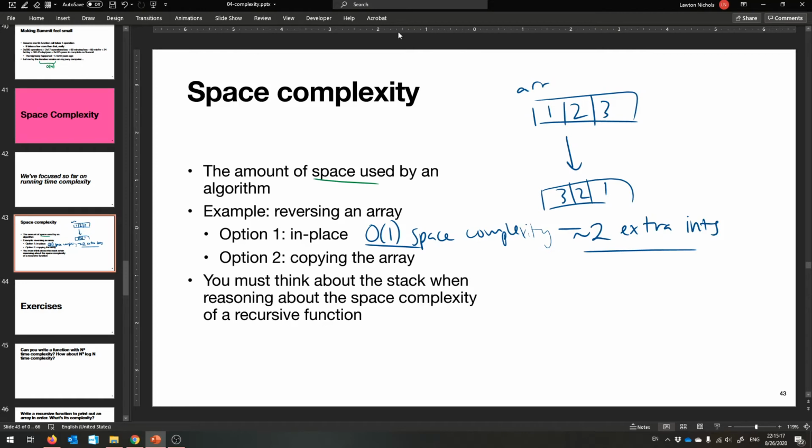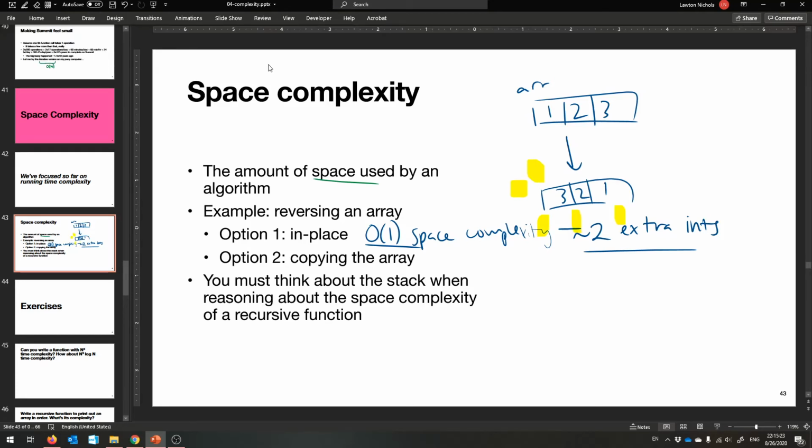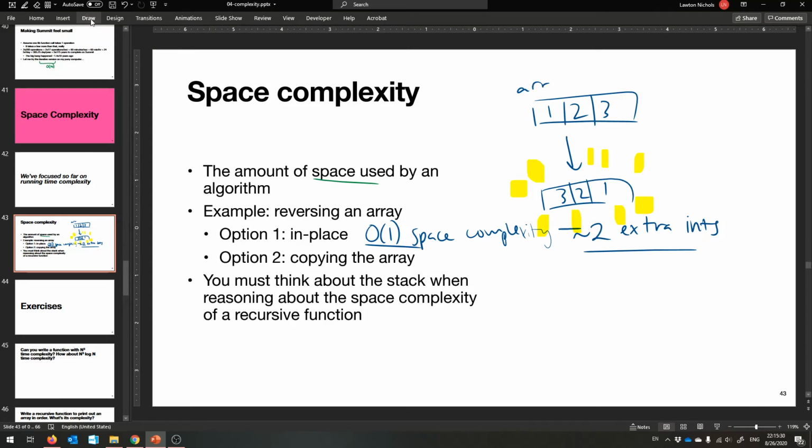If, however, your function makes a brand new array and returns that, and does not touch the original one like the in-place one does, then we have issues. It's got to make a new array, and that array is of size n.